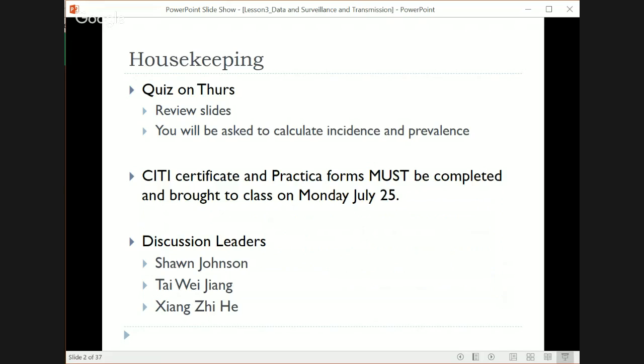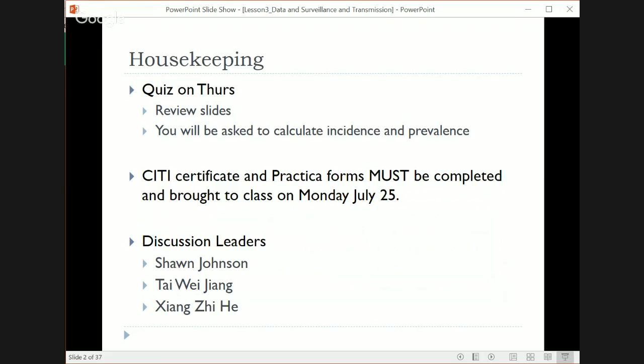So you won't need to know things from the articles that you've read, but you will need to know things like descriptive versus analytic, incidence versus prevalence, the topics that we've gone over.